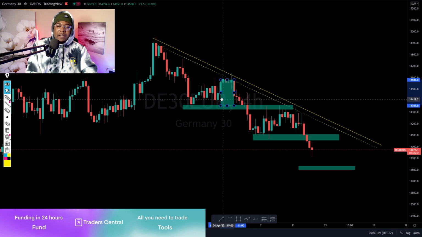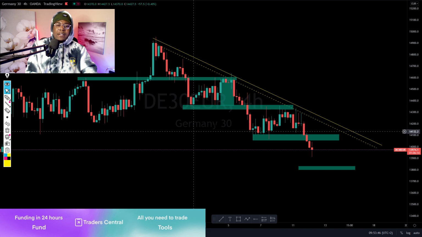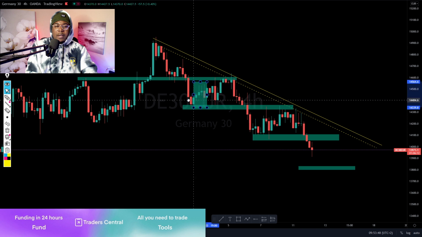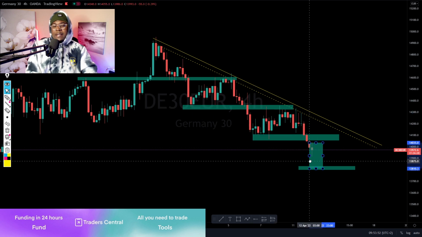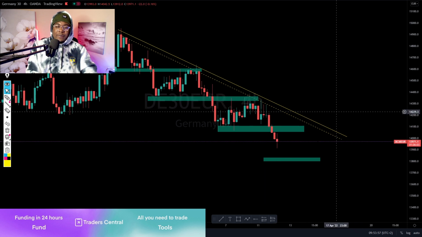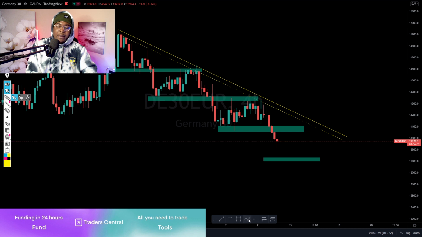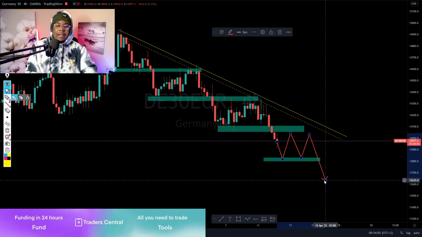Even here, this block fits very well around this area, fits very well here, so I'm also expecting the market to fit very well here. So we can delete that. I'm expecting that the market might come back down here and create a similar move.